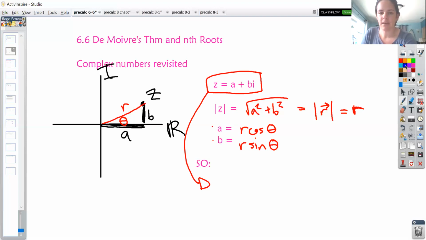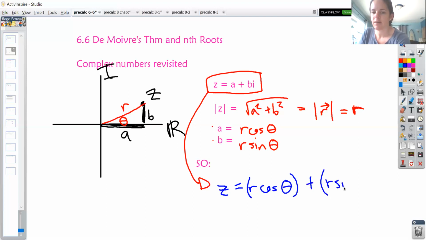So a would be r cosine theta plus bi, well, b would be r sine theta. And so this is now how I can write a complex number, but notice that the characteristics that I'm using to describe it are r and theta instead of a and b.